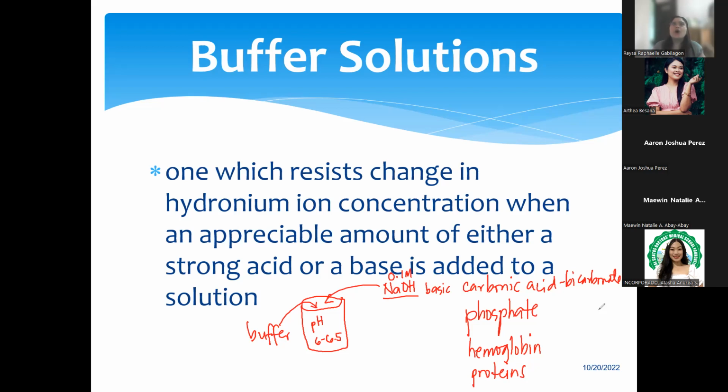Okay? So I don't know if you're fond of reading ingredients of the products that you use, but even cosmetics, class, contain buffer. Pag babasahin mo yung mga ingredients natin, like sa mga cosmetic products natin, marami masyadong ingredient. Hindi nga lang naka-identify talaga na ito, buffer ito.